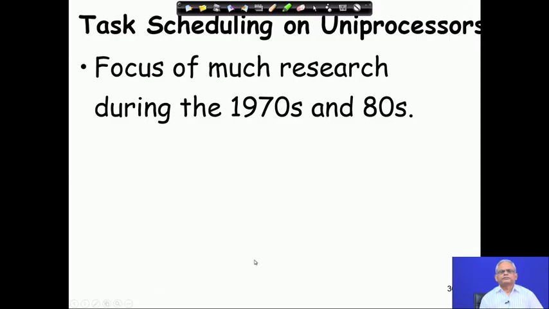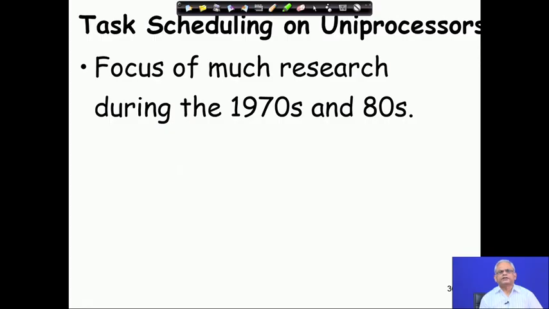Now that we have some basic knowledge on real time systems, the task characteristics, terminologies of tasks, types of tasks, and so on, let us look first at task scheduling on uniprocessors. Actually, task scheduling algorithms were the focus of research in the 1970s and 80s.